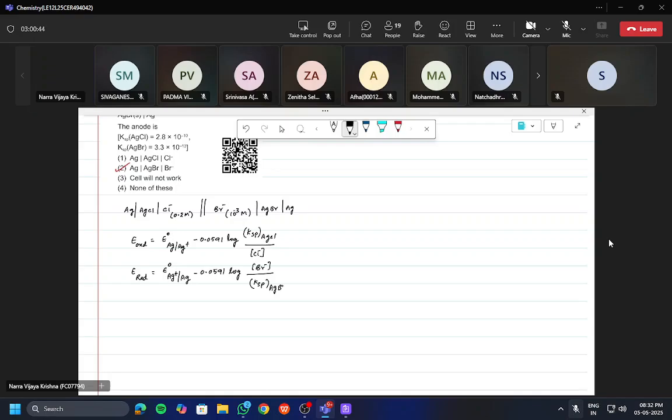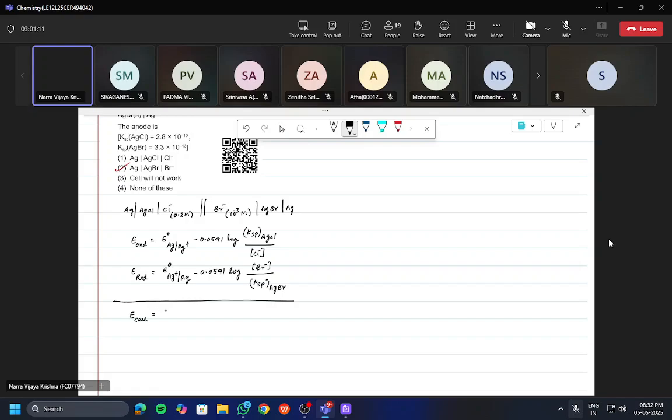If I add both, what will you get? E of cell equal to, I need to add these two. This is E naught oxidation, this is E naught reduction. It becomes 0. If it is plus 0.78, this becomes minus 0.78. If I add these two, 0.